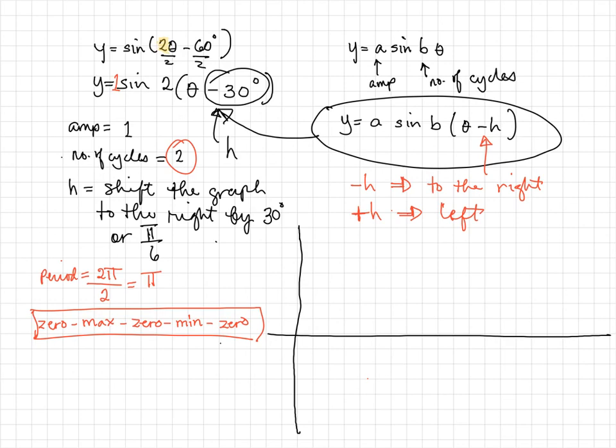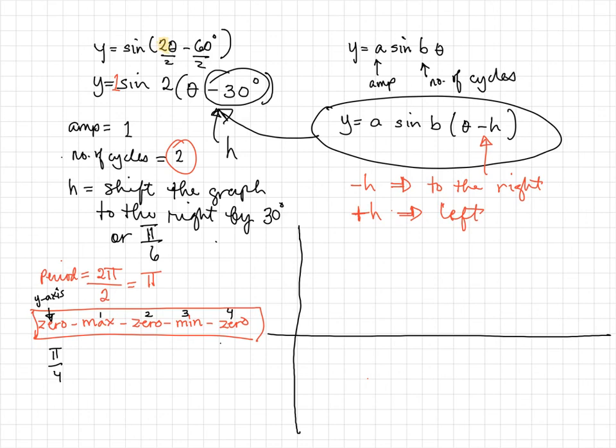Let's see. And wait a minute, that's pi, so it has to be pi divided by 4, because 1, 2, 3, 4. There's 4 parts, it's pi divided by 4, because 0 here is just at the y-axis. Okay, so that's pi over 4.